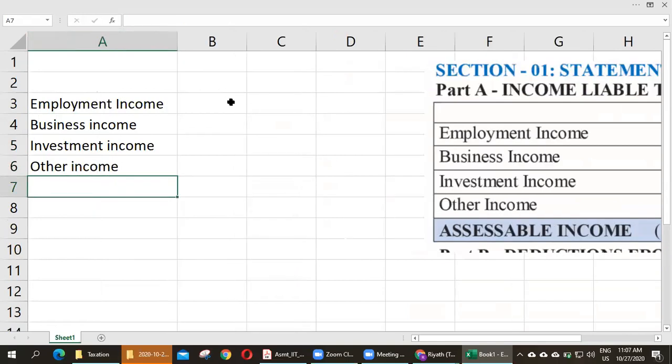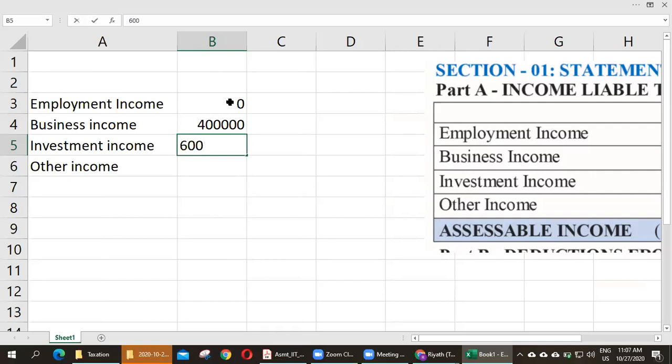Here, employment income equals 0. There is no employment income. Business income equals 400,000, and investment income equals 600,000, and there is no other income.